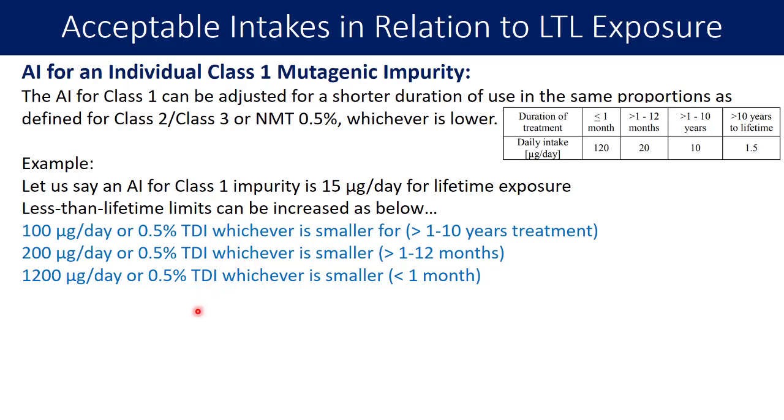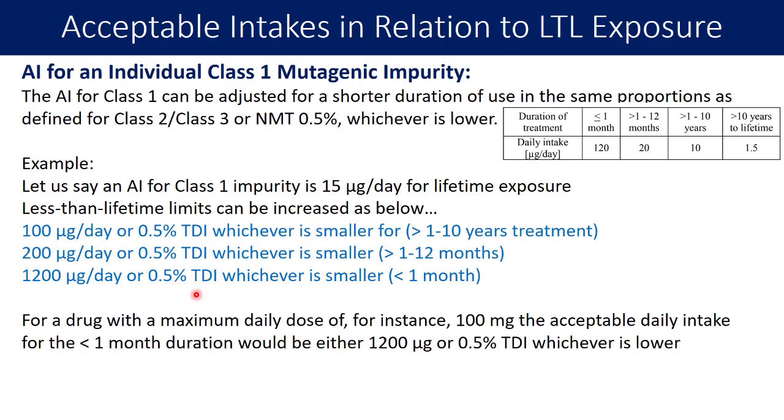Similarly, I will also be able to understand the allowable daily intake for less than a month, which is going to be 1200 microgram per day, but now as it is class 1 mutagenic impurities and as per the guidance provided over here, the 0.5% has also to be compared.